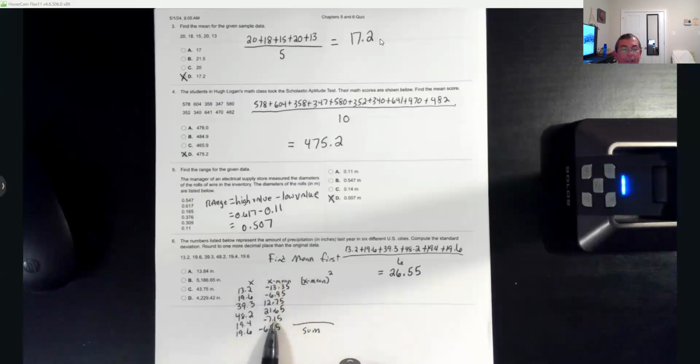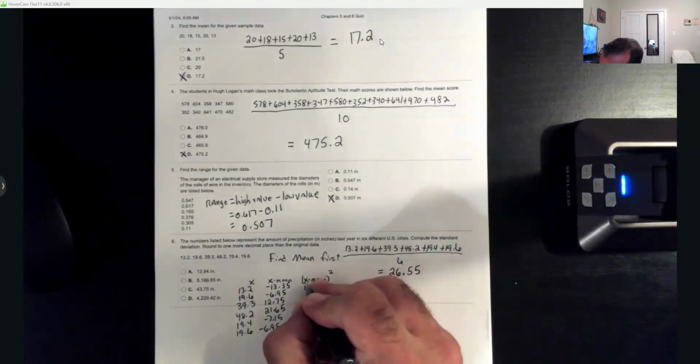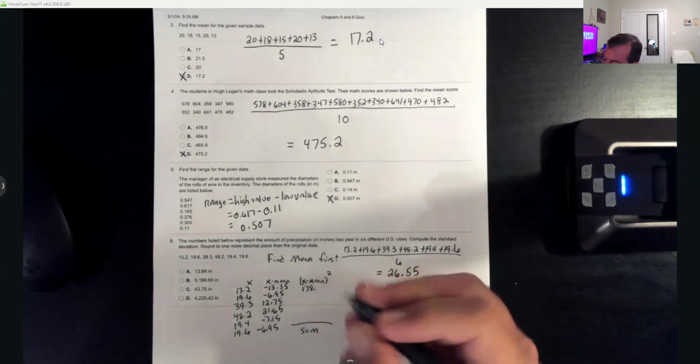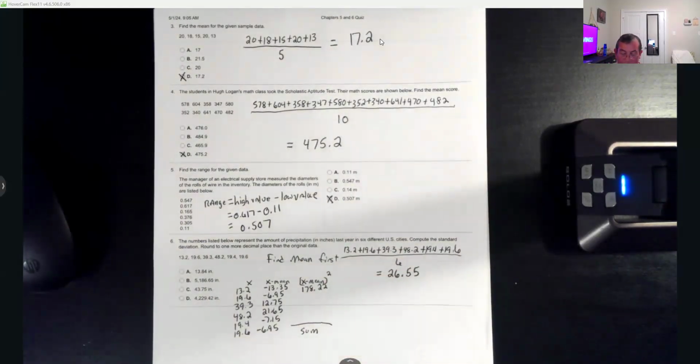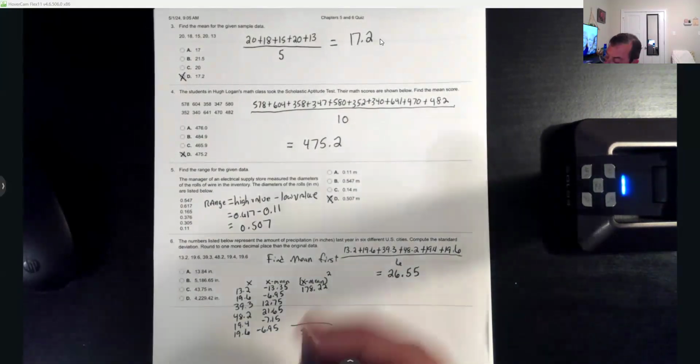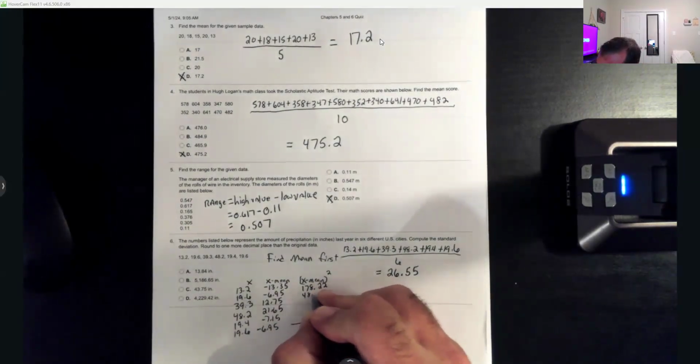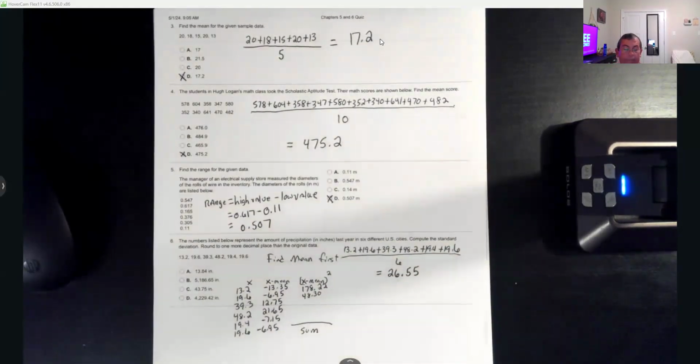Now, I take each of these numbers and square them. So 13.35 squared equals 178.22. 6.95 squared equals 48.30. All right, y'all, 12.75, square that.